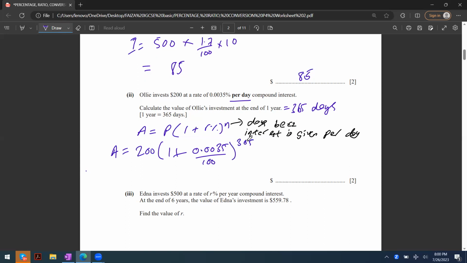Because every day he's getting interest. 1 year means 365. If it says 2 years, you have to multiply 2 with 365 and put here. Raised to power 365.